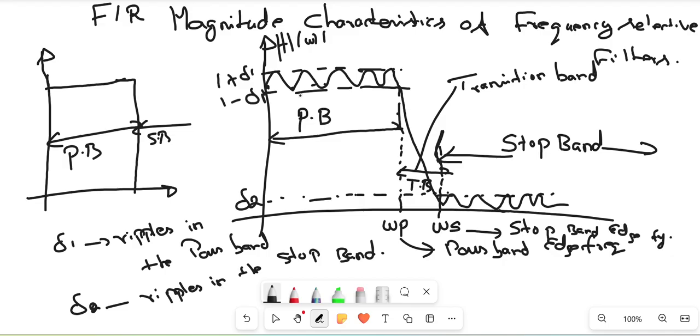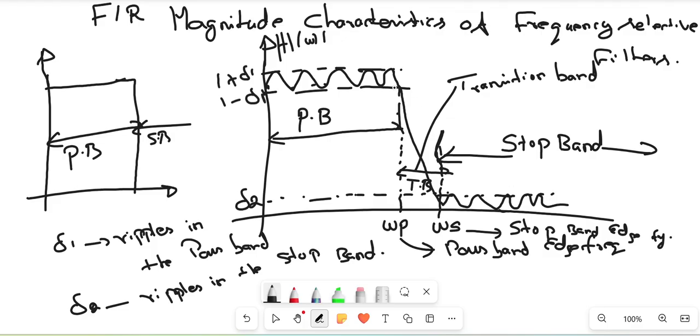A small amount of ripples in the pass band is usually tolerable. Similarly, it is not necessary for the filter response to be 0 in the stop band. A small non-zero value or a small amount of ripples in the stop band is also tolerable.